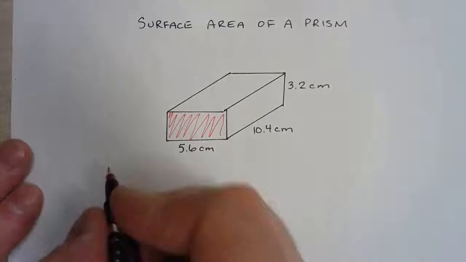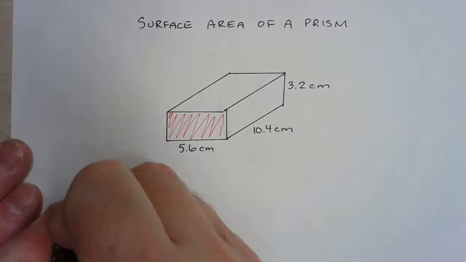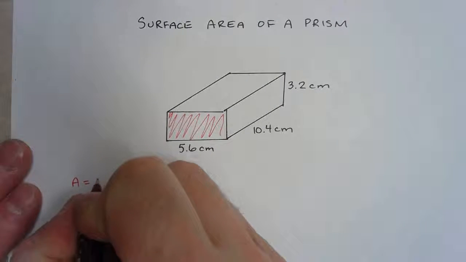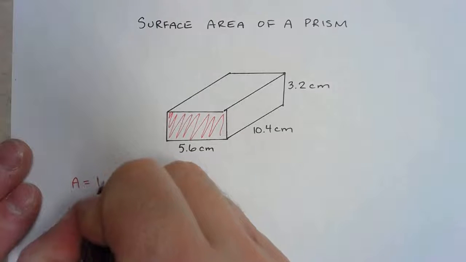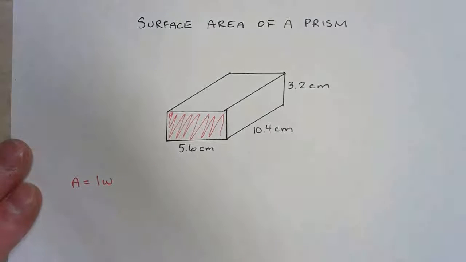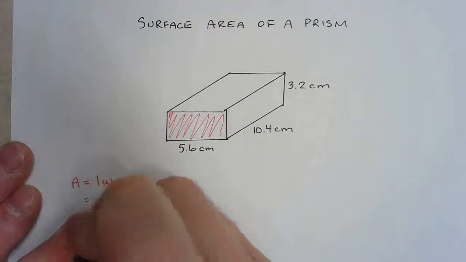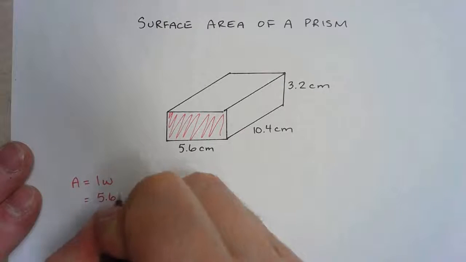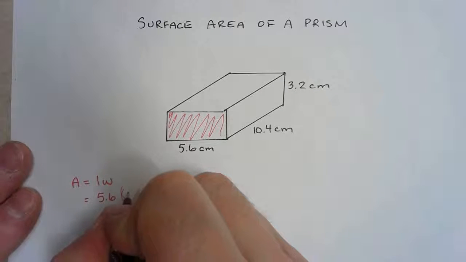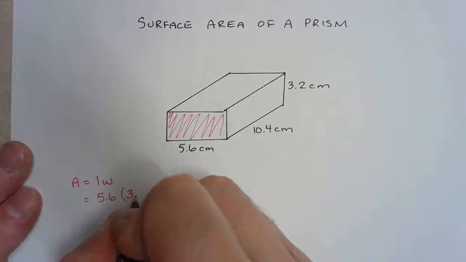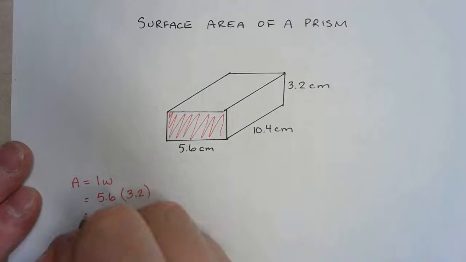So this face, to find the area of that face, the area of a rectangular face, which this is, is equal to length times width. The length of this face is 5.6, and we're going to multiply it by the width, or the height in this case, 3.2.